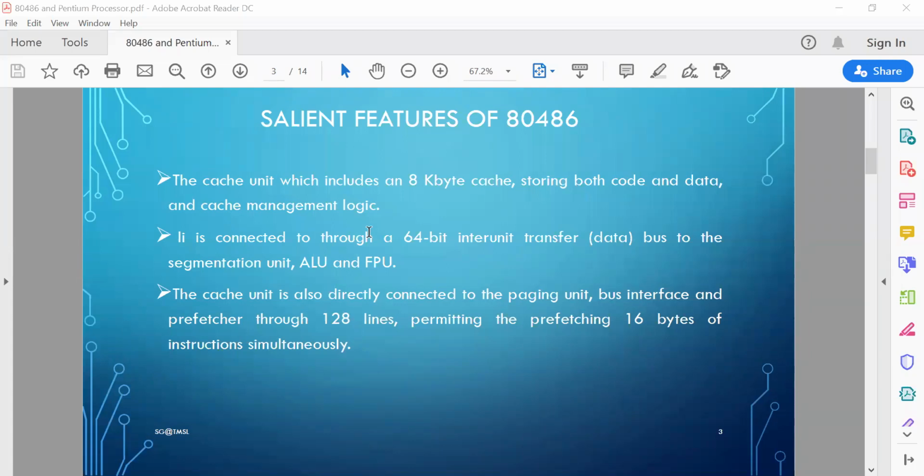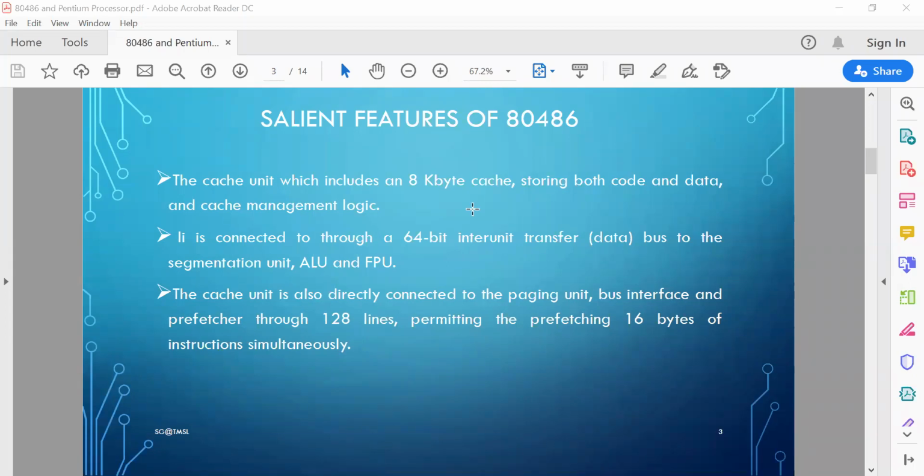Another feature is cache memory. The cache unit includes an 8 kilobyte cache for storing both code and data, and it has some cache management logic, some algorithms. I discussed last week that there are 4 types of cache: I-cache, D-cache, unified cache, and split cache.